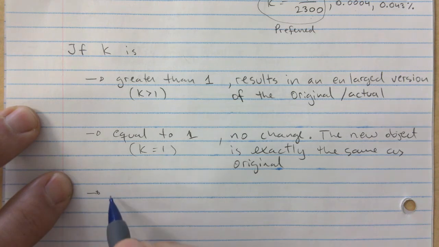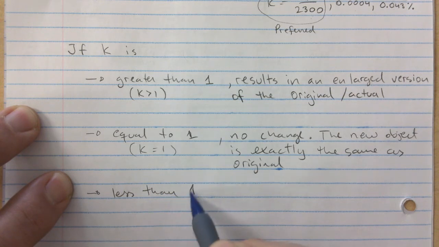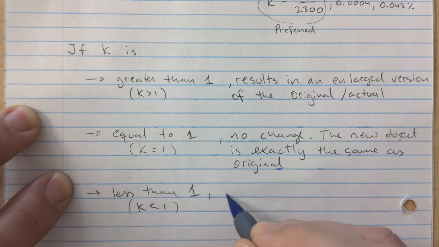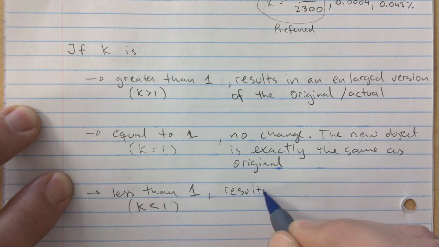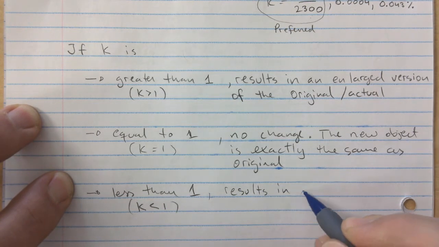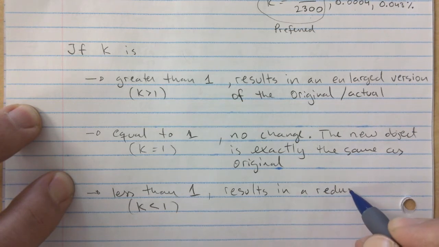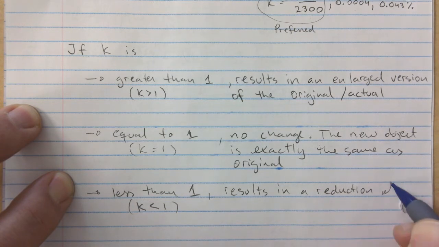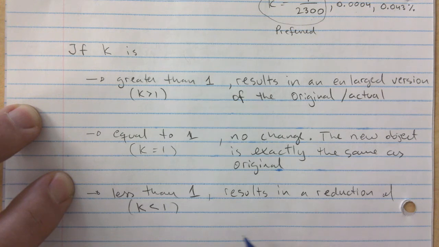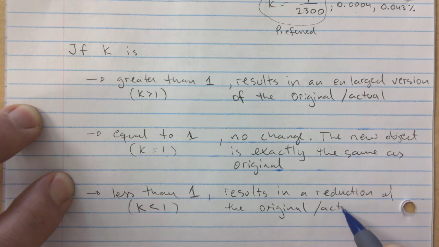If K is less than 1, it results in a reduction of the original slash actual.